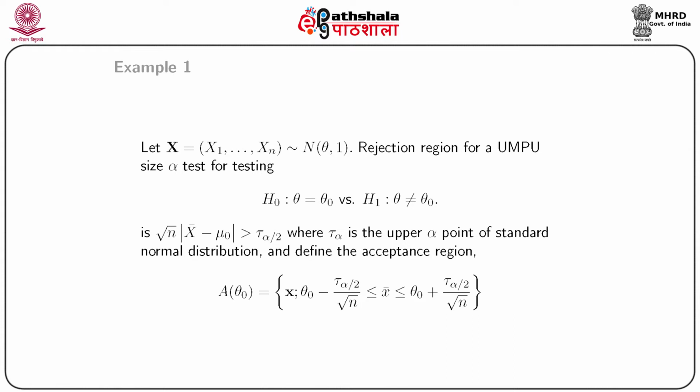And we define the acceptance region as capital A theta naught equals the set of all x such that theta naught minus tau alpha by 2 divided by root n is less than or equal to x bar, which is less than or equal to theta naught plus tau alpha by 2 divided by root n.